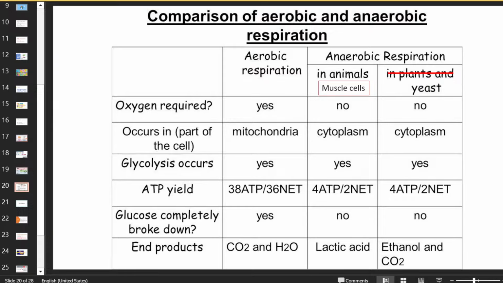In the yeast, you're also not gonna require oxygen. It's also gonna happen in the cytoplasm. Your glycolysis will occur, and it's gonna be mostly the same as the animal and muscle cells, but the thing is, your end products are gonna be ethanol and carbon dioxide.